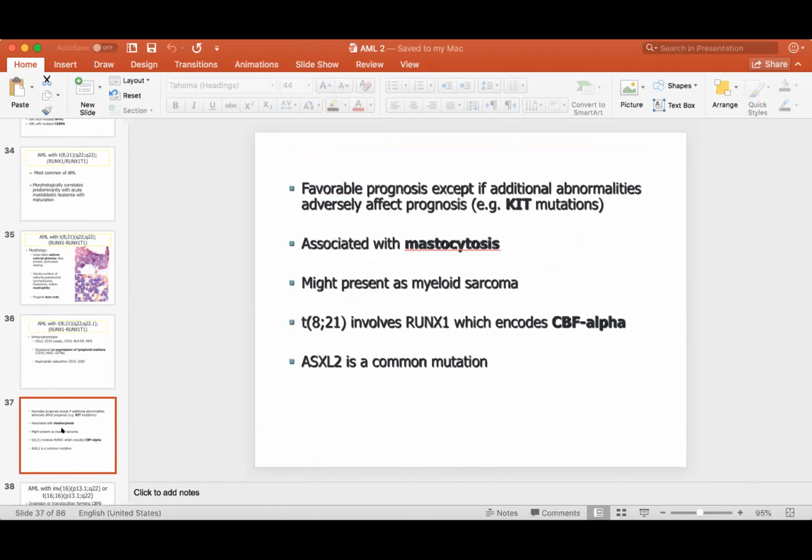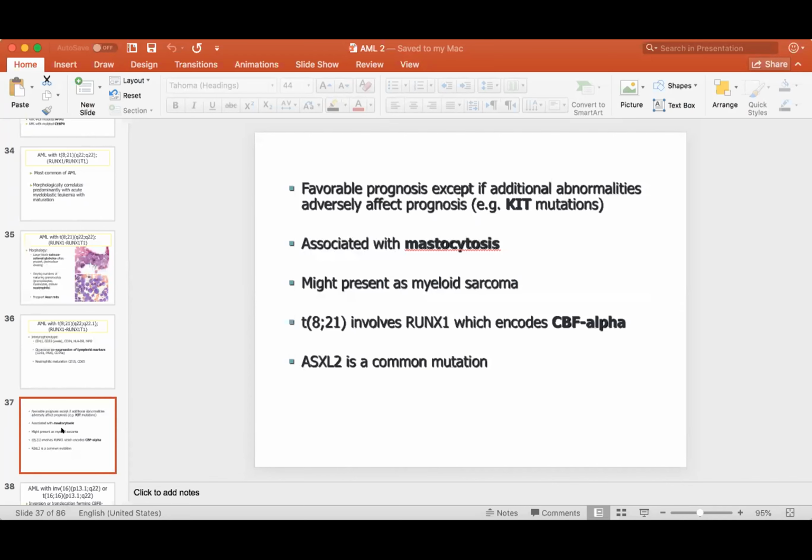Translocation 821 usually has a favorable prognosis unless there's an additional or secondary abnormality, including a KIT mutation. Then it's not so favorable. They're associated with mastocytosis and different mast cell diseases. They can present as a myeloid sarcoma, so the first time you see the patient, the patient might just have a mass-forming lesion in the tissue, which is composed of blasts.